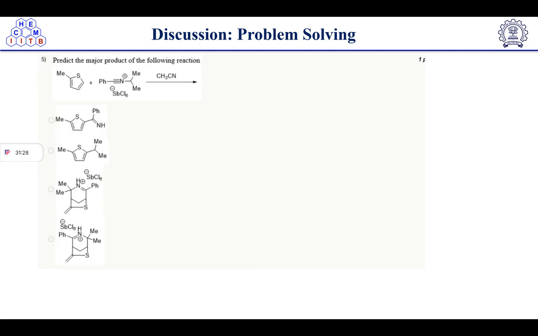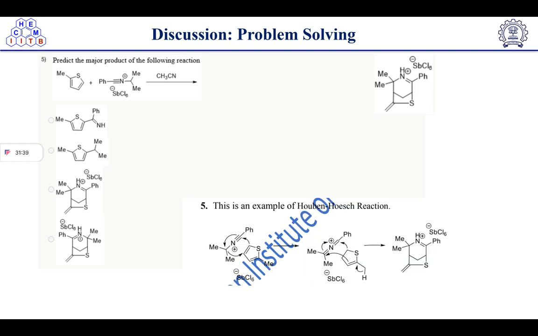Okay, next one. Predict the major product of the following reactions. So here thiomethyl thiophenol is there along with the SbCl6 salt and acetonitrile. So this is an example of again the Houben-Hoesch reaction. We have discussed this one. In this reaction, this intermediate is there which will attack on this one. So the double bond will attack the electrophilic center of this nitrile group, and it will undergo a reaction to form this type of intermediate.